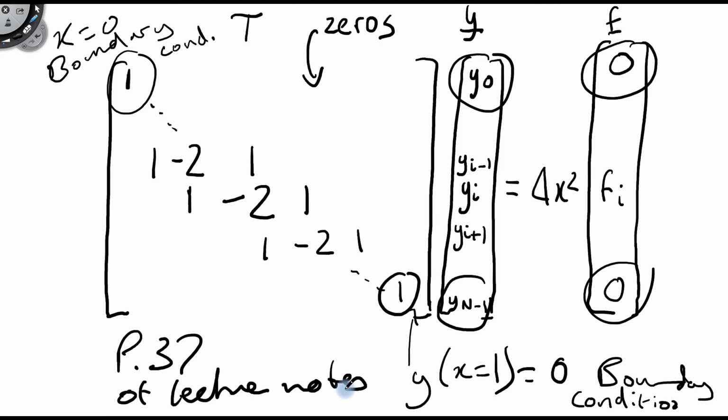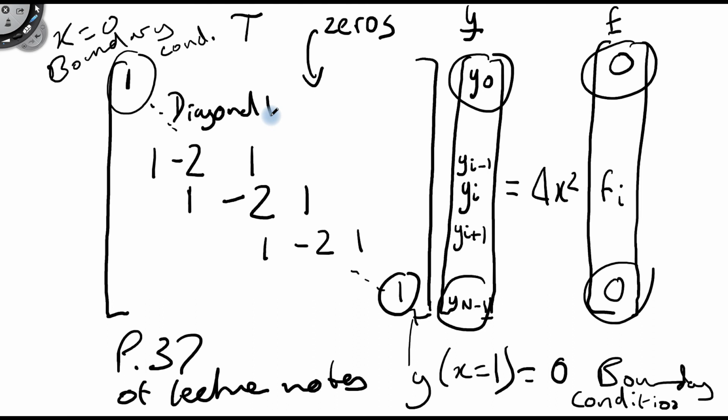If you want to find a solution for that, often you have to solve it in one go, and the way to do that is to encode the differential equation in a matrix, and also put in the boundary conditions.